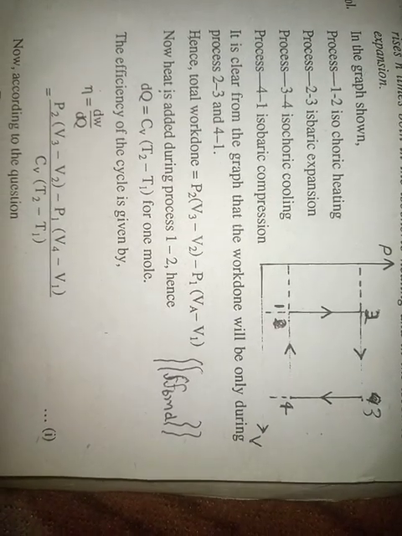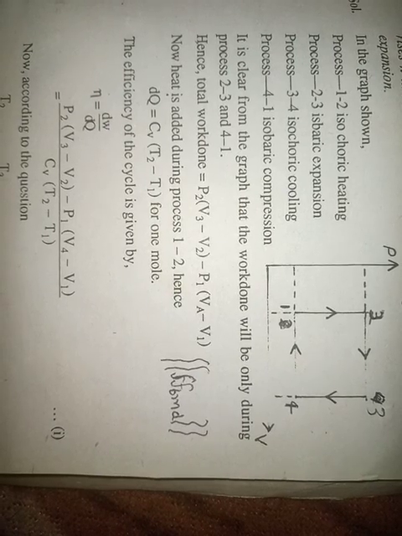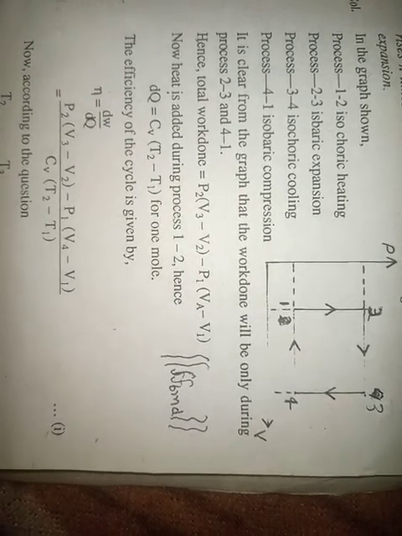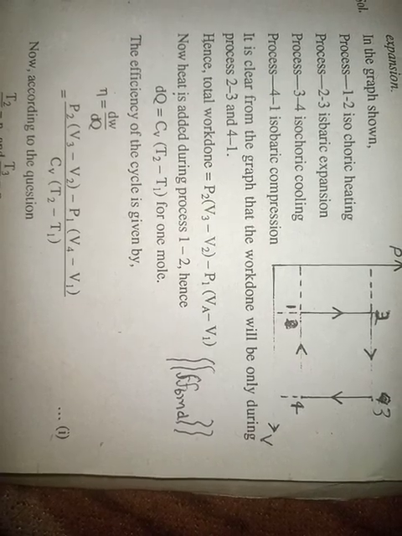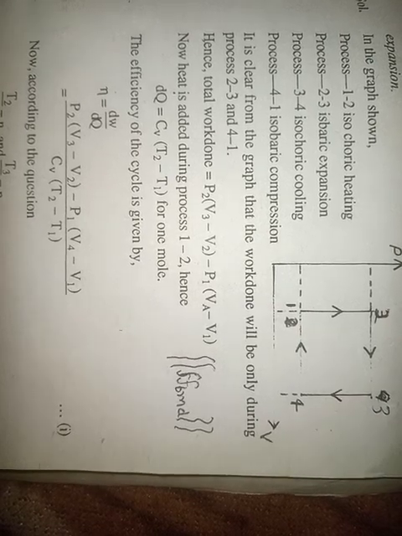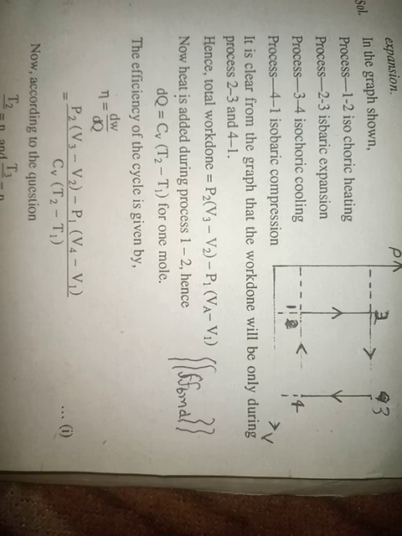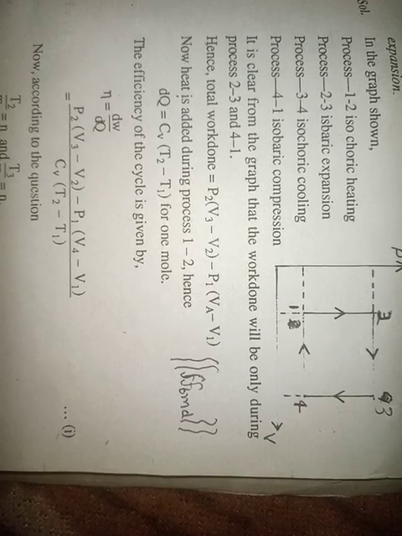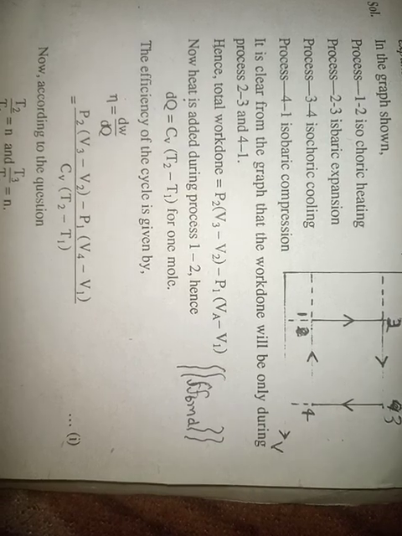It is clear from the graph that the work done will be only during process 2 to 3 and 4 to 1. Hence total work done is P2 (V3 minus V2) minus P1 (V4 minus V1).